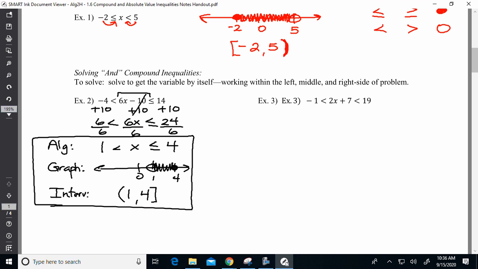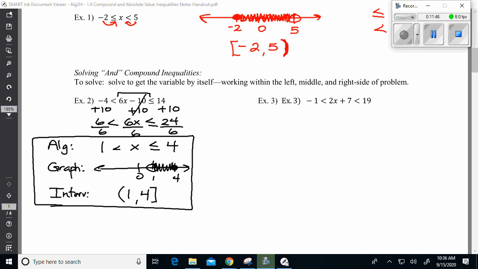Questions on problem 2? If you have them, feel free to say it. If not, then let me pause.